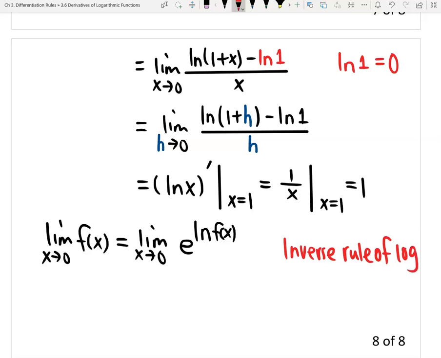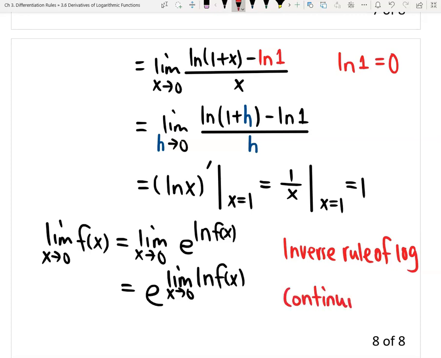We learned that before. Now I can plug the limit into the exponent. Here is ln of f(x). Why can the limit go into the exponent? Because the exponential function is continuous.